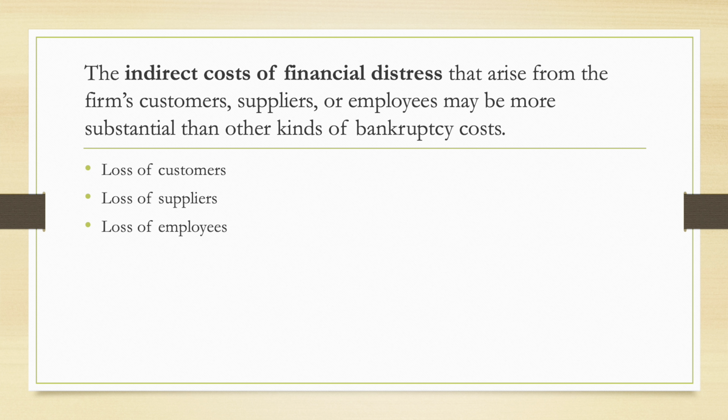3. Loss of employees. Because firms in distress cannot offer job security with long-term employment contracts, they may have difficulty hiring new employees, and existing employees may quit or be hired away. 4. Loss of receivables.